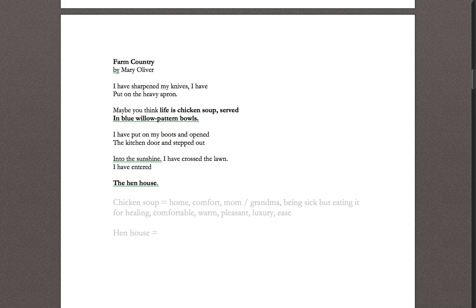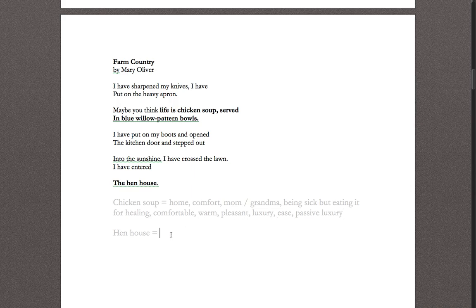That's a sense of ease, pleasure. It is passive luxury. And all that is what we feel, whether we identify it immediately or not. Chicken soup served in these bowls makes us feel these things or think of these things. So in this case, the B is physically specific, but also creates or enhances an emotional response.